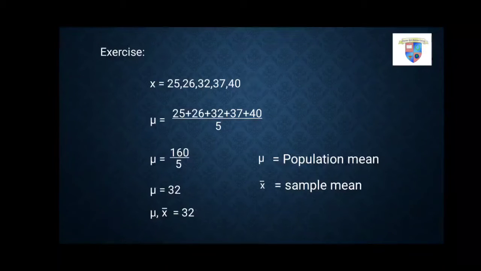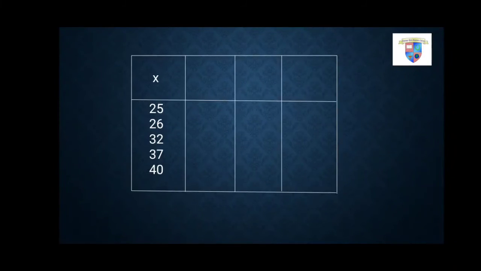So let's make a table. In the first column, which is the x, is our given values, which are 25, 26, 32, 37, and 40, and we already solved the second column, which is our population mean and sample mean. Our answer is 32.